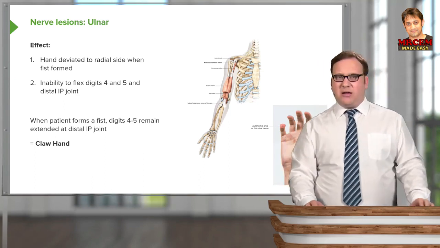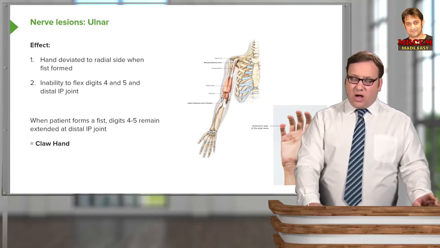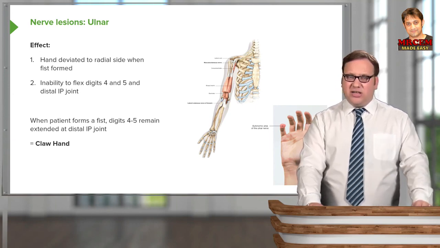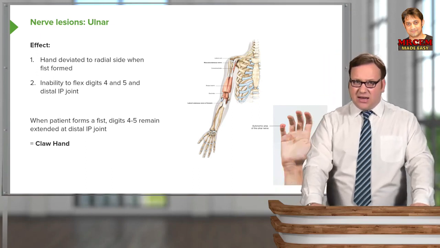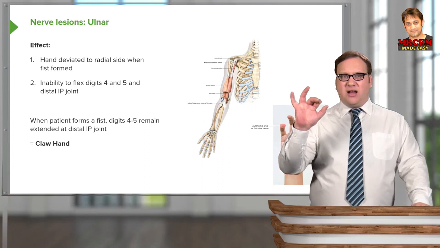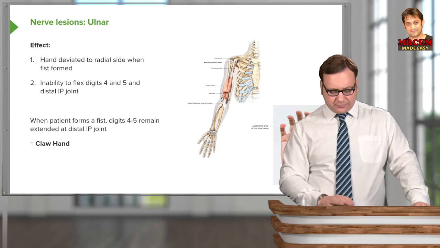And these are what's supplied by flexor digitorum profundus, the ulnar nerve supplying the bellies to these digits. So this time, when a patient forms a fist, digits 4 and 5 remain extended at the distal interphalangeal joint, yet the remaining fingers are flexed, and you have what's known as claw hand.